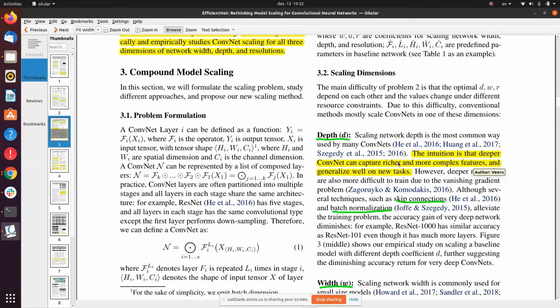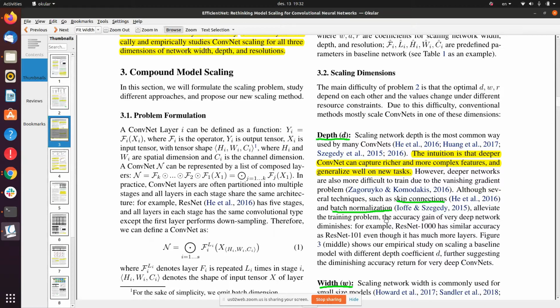Again, they might have brought this from the old literature. They have also used skip connections, which we have referred to already in ResNet, and batch normalization. These things they have mentioned in the depth case.